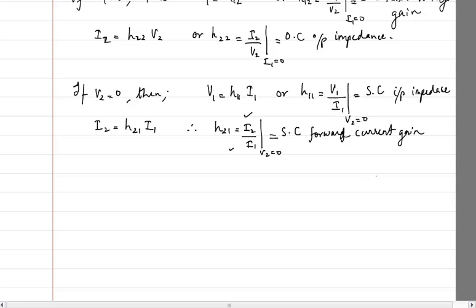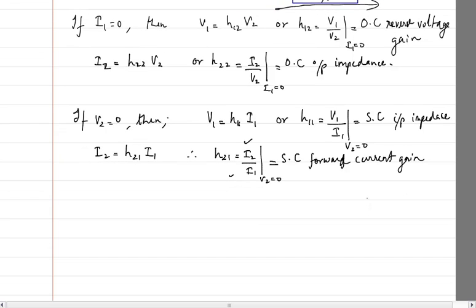Now have a look at what the quantities are. If I write H11, H12, H21, H22, then the first value H11 is input impedance, so it is ohms, whereas H12 is voltage gain.